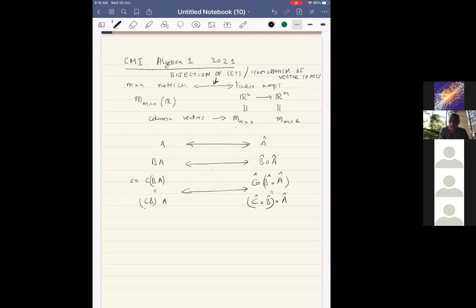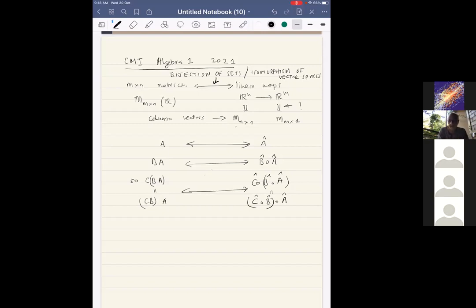Okay. Now, what about this wavy double arrow? What does that signify? Earlier we have already encountered the vector space called Rn, which consists of n tuples of real numbers.